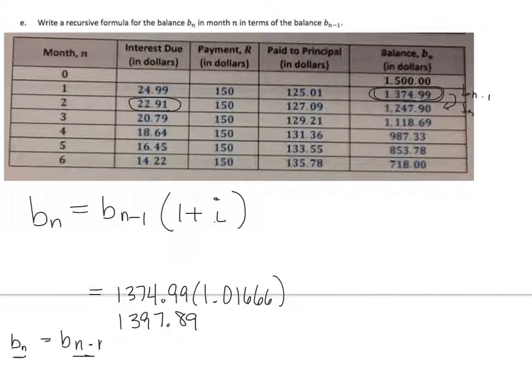Now if I subtract how much I pay each month, I get 1247.89. It's actually 897, so that would be 90. In fact, this would also be 90 if I didn't round it correctly. So there, right there is my b sub n.